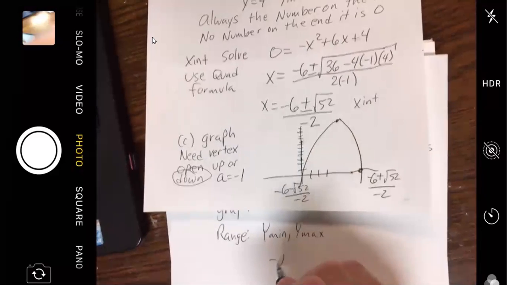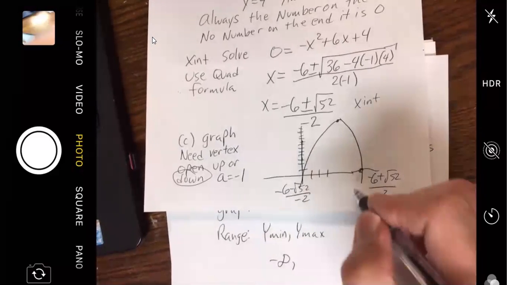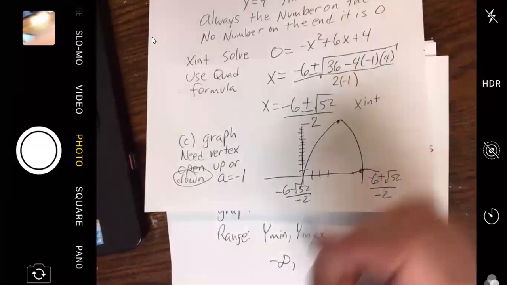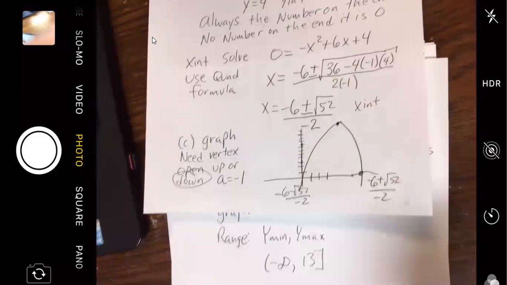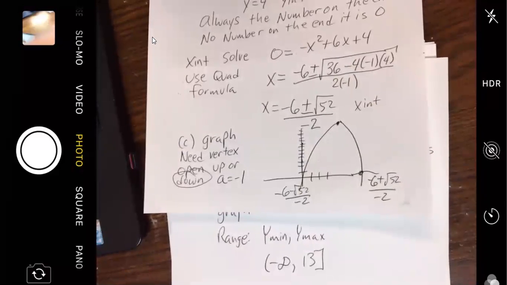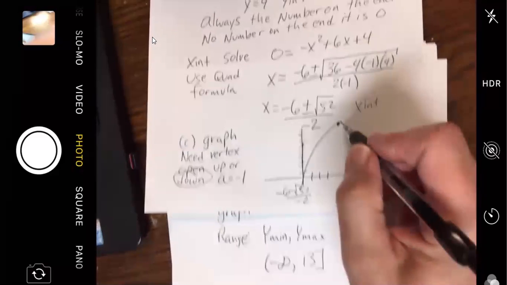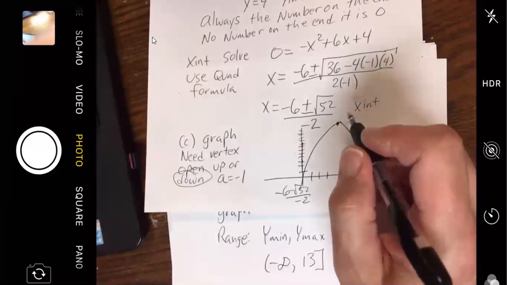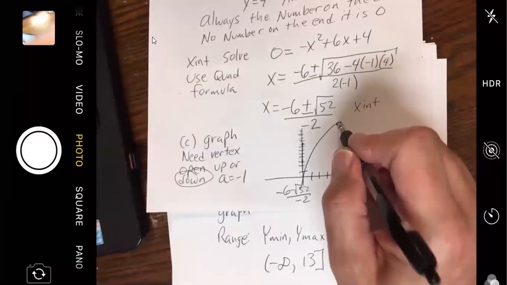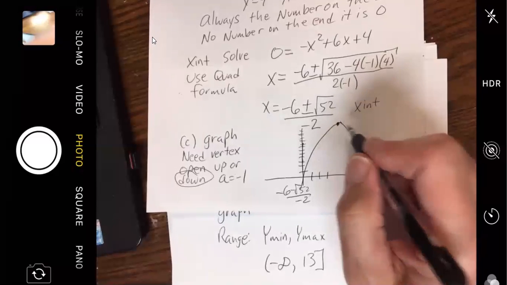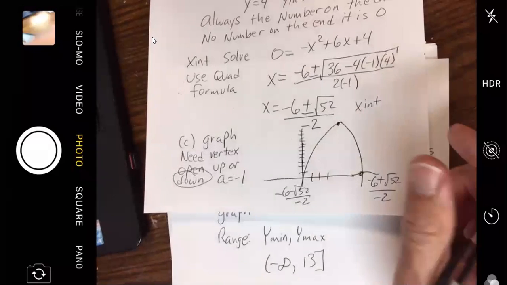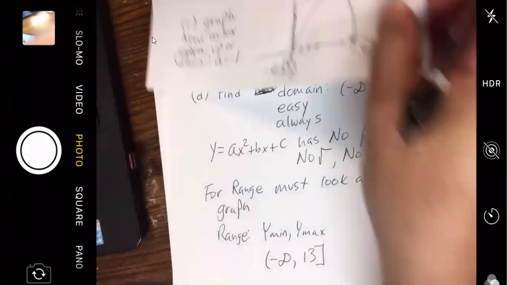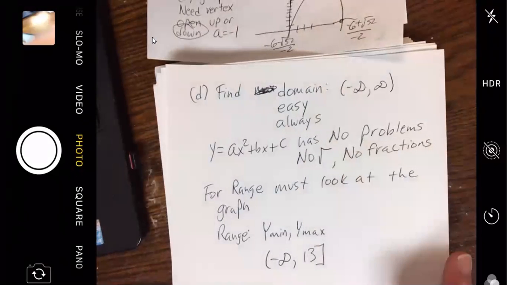You're at negative infinity on Y min, but the max is 13. And there's no open circle there. That's a bracket with a parenthesis. So yeah, your max value is your K. They will ask about that earlier in the section. And, or min value. If it opens up, it's a min value.